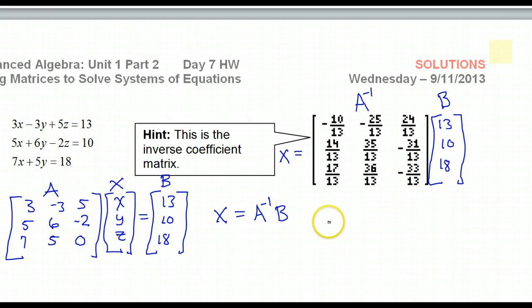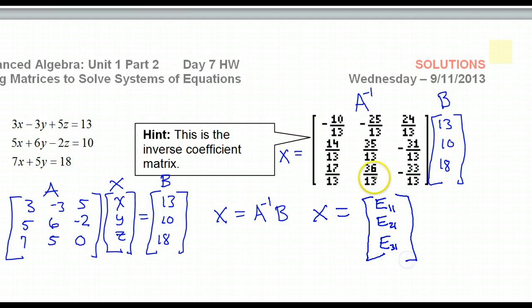Now, just remember in the back of your mind that X should be a 3 by 1 matrix when we're done. So we're looking for something of the form element 1,1, element 2,1, and element 3,1.